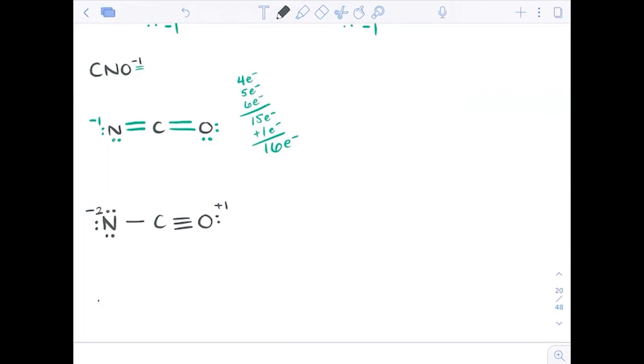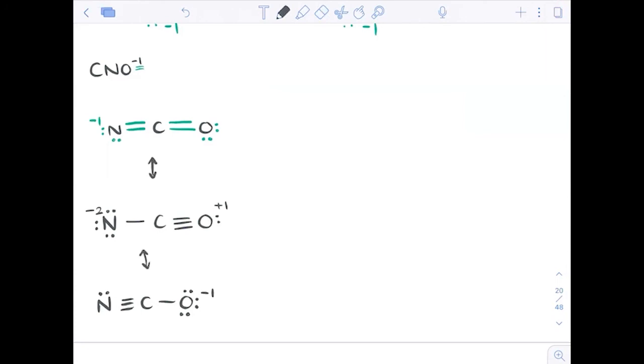Or what if I wanted the nitrogen to share and do all of those bonds? Here are 3 resonance structures that are quite different from each other.